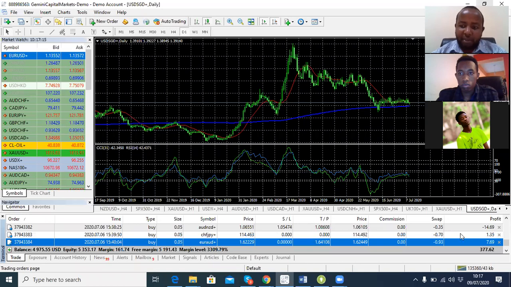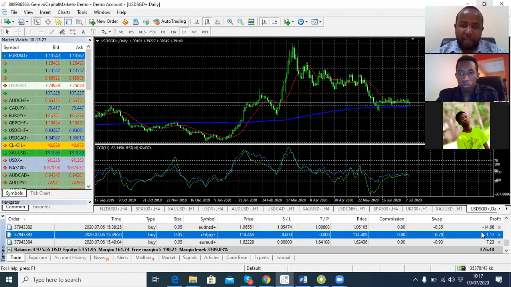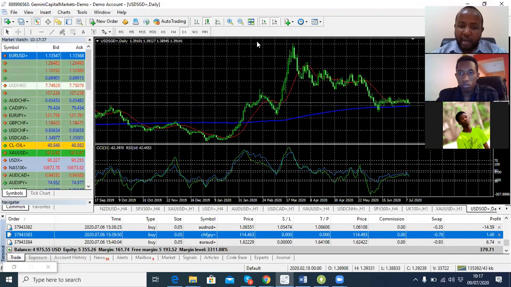So margin, basically what I'm trying to say is, whatever you can see as these trades are running, margin is required for these trades to run. Every time you open a trade, whether you're buying or you're selling in the market, there is required margin. There's something usually called required margin.